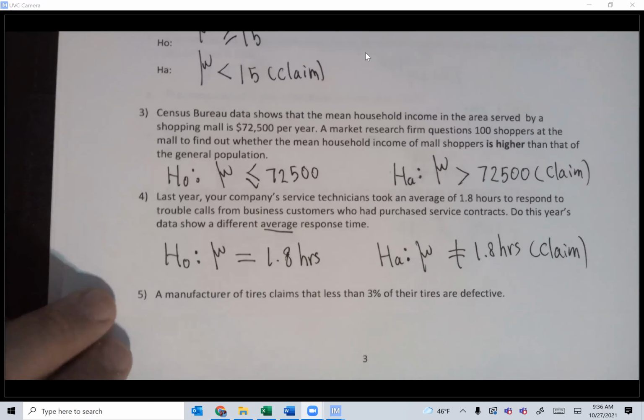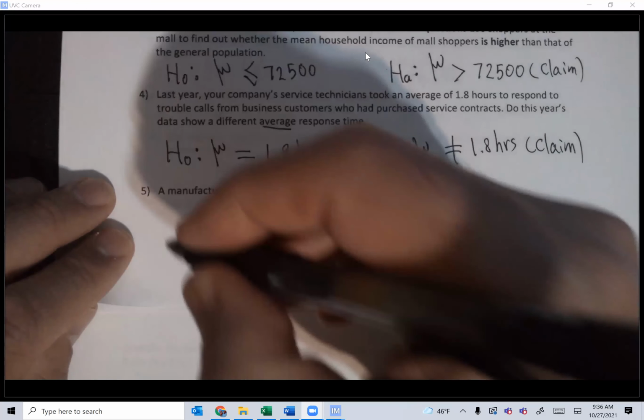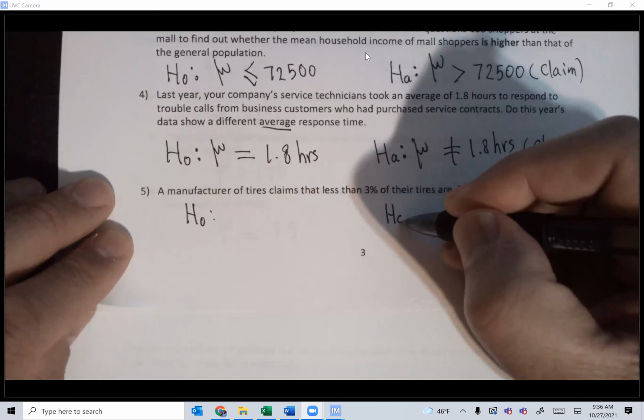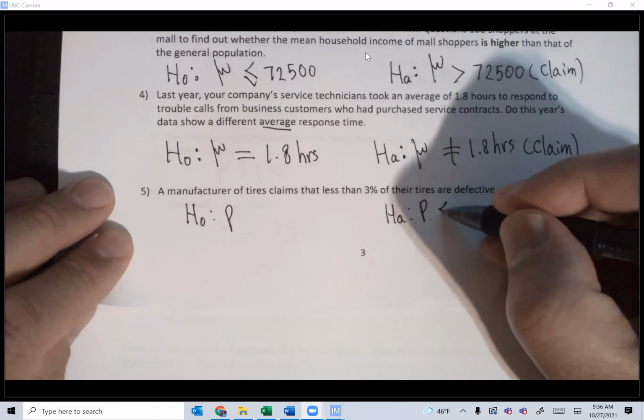A manufacturer of tires claims that less than 3% of their tires are defective. He's talking about percent, guys. You cannot use the mean, so it's a proportion. So H0, HA, p less than 3%.